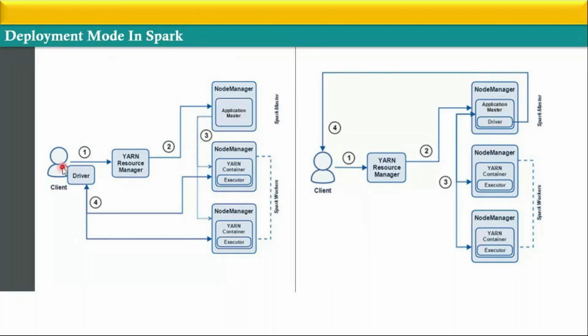But in this particular case, if the client machine has certain issues and the connectivity or the driver program is lost, the entire functionality will not be able to be tracked, and that is nothing but the cluster failure. We will not be able to perform that particular task.